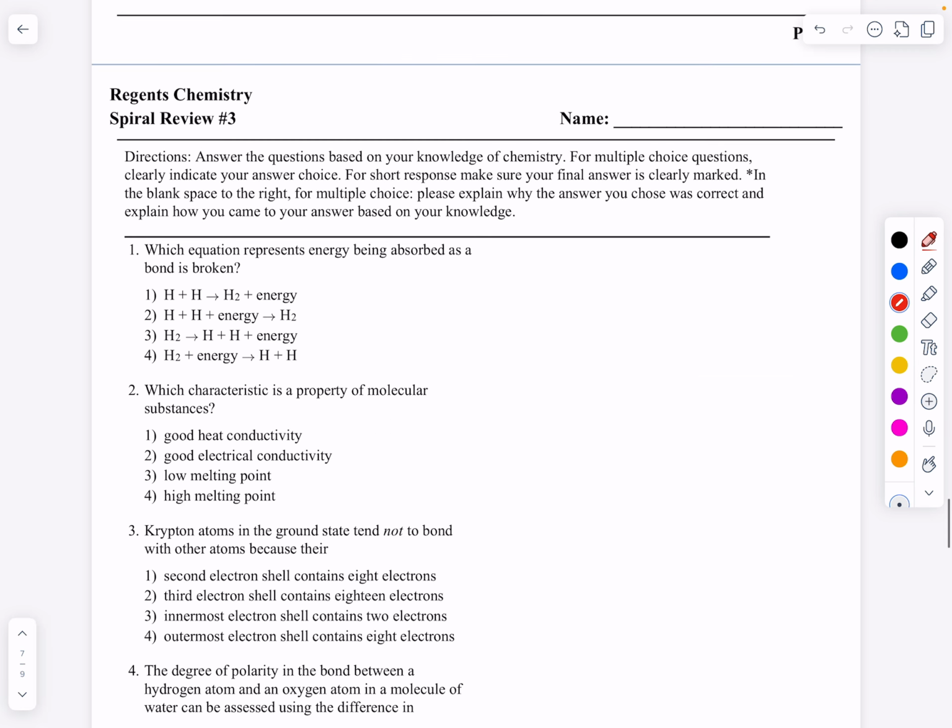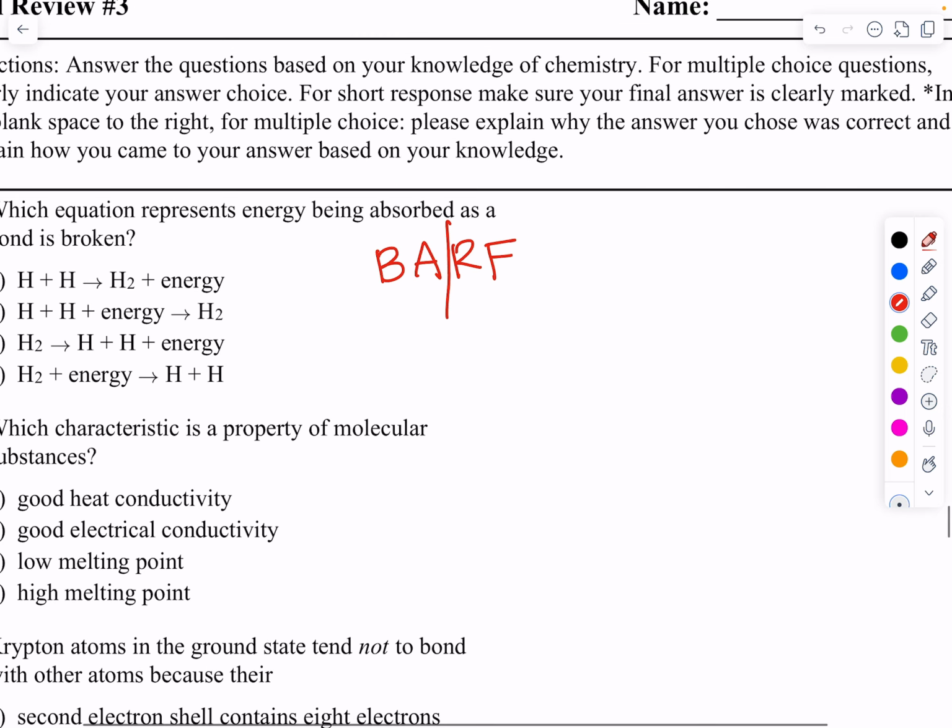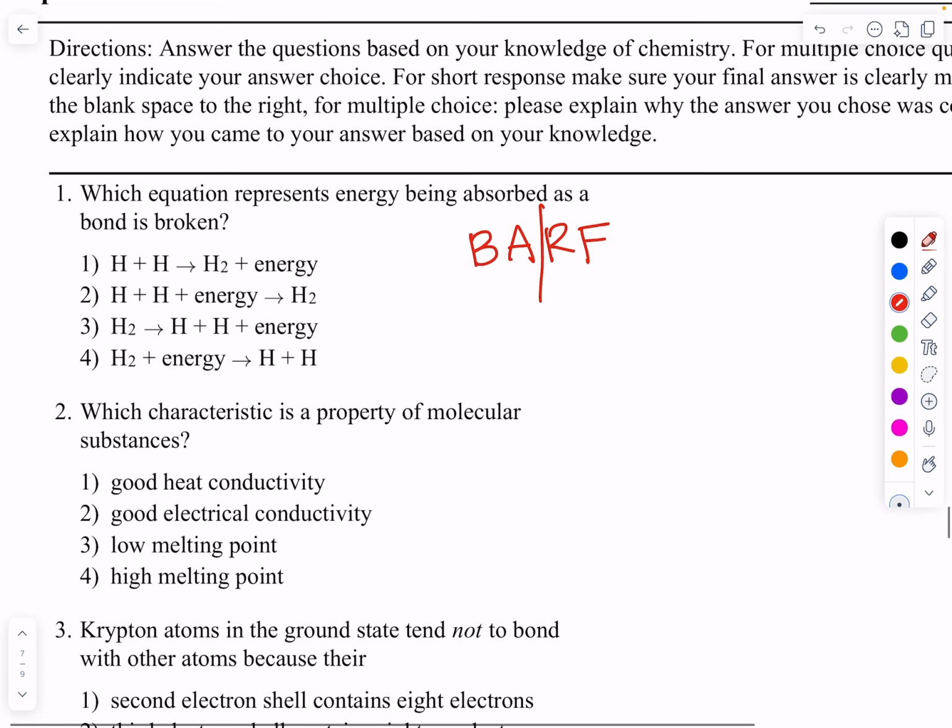All right, last spiral review, number 3. Which equation represents energy being absorbed as a bond is broken? For this, your explanation is BARF. What does BARF stand for? It's a mnemonic device we use: broken, absorbed, released, formed.